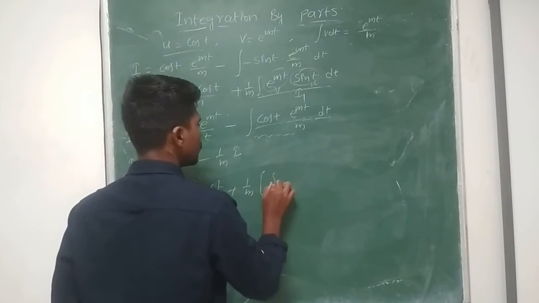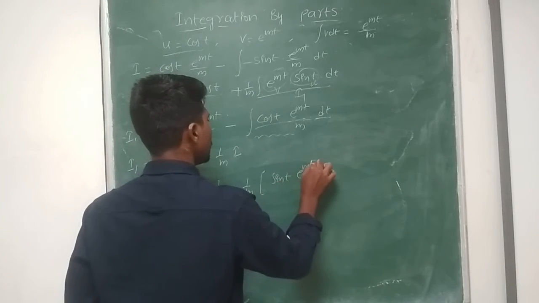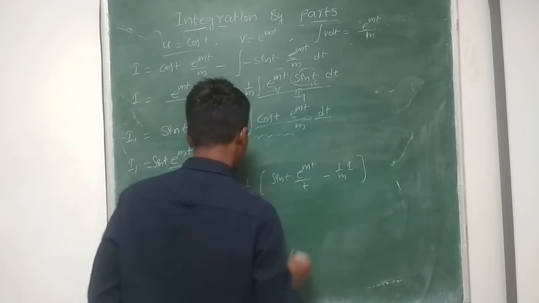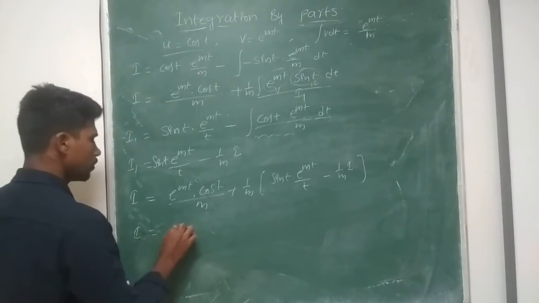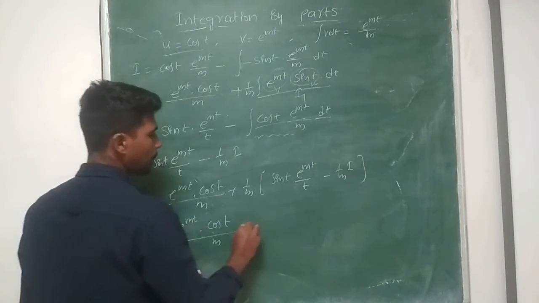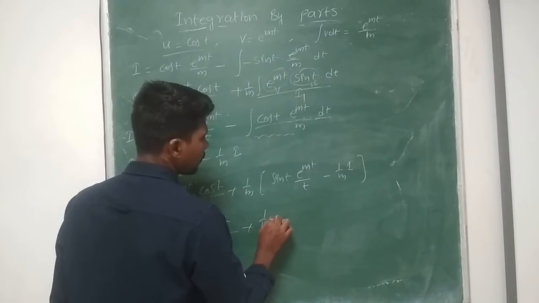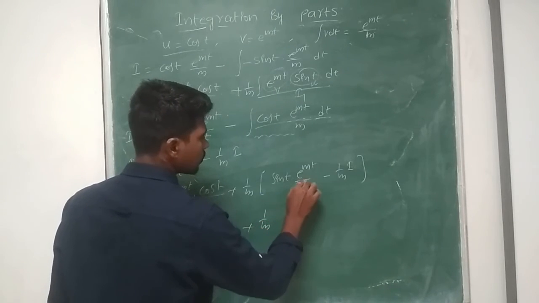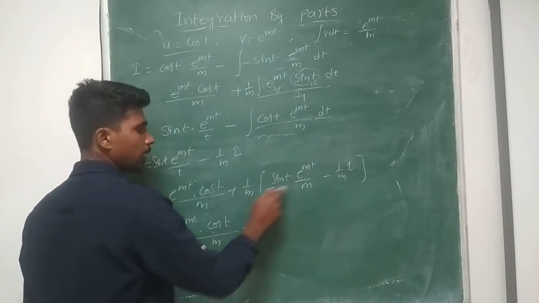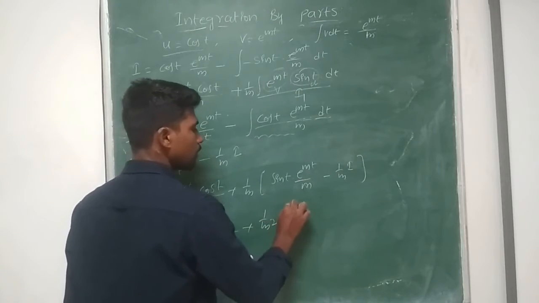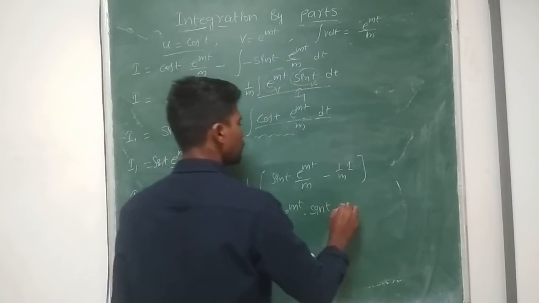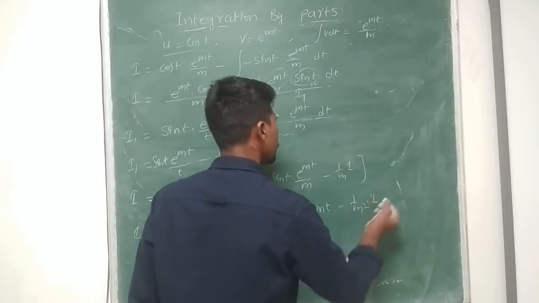So 1 by m into sin t into e power mt by m minus 1 by m into I. So I get I is equal to e power mt into cos t by m plus 1 by m into e power mt by m. Yes, m. So 1 by m into m, 1 by m square e power mt into sin t minus 1 by m square into I.